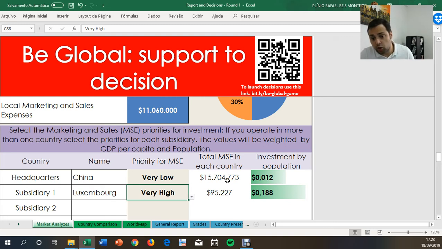For sure, the total marketing and sales expenses will be much higher in China because the population in China, I guess, is something more than 2,000 times greater than the population of Luxembourg. So even if you have a high priority for investing in Luxembourg, the amount of money that you need to invest there will be much smaller.